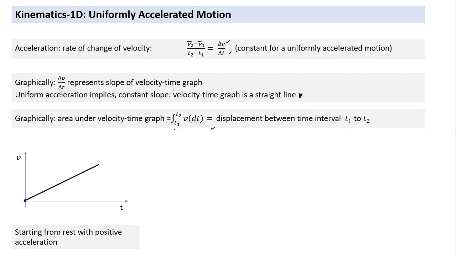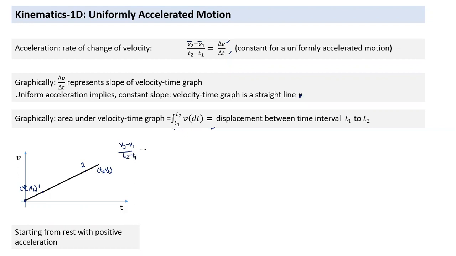So take any two points: this point as 1 and this point as 2. This point may represent t1, v1, and this point may represent t2, v2. Since it is a straight line, the slope is constant. If the slope is constant, it means v2 minus v1 divided by t2 minus t1 is a constant.